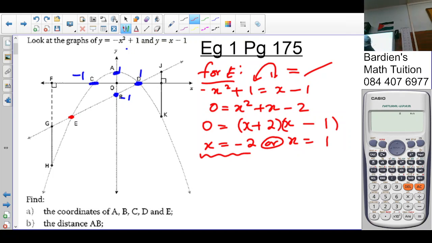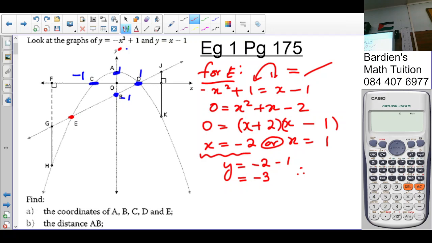I substitute this x is equal to minus 2 into either the equation of the parabola or the equation of the straight line. Okay, let's go with the straight line. So y is equal to negative 2 minus 1, which is negative 3. If I had gone with the parabola, it would have been negative 2, all squared is 4, and then negative in front of it will give you negative 4.